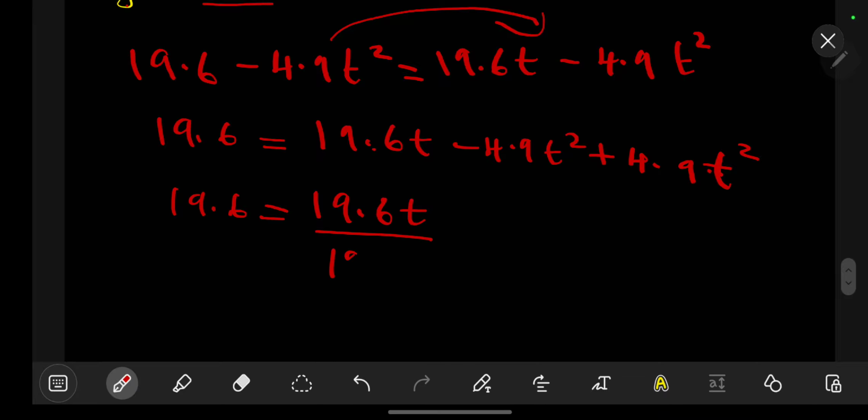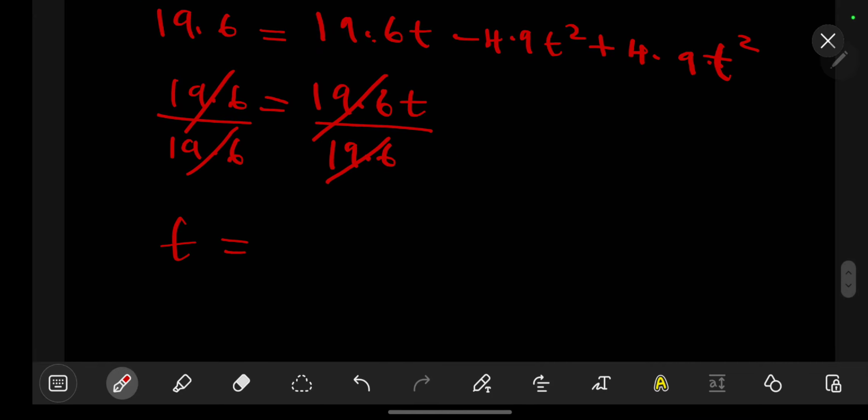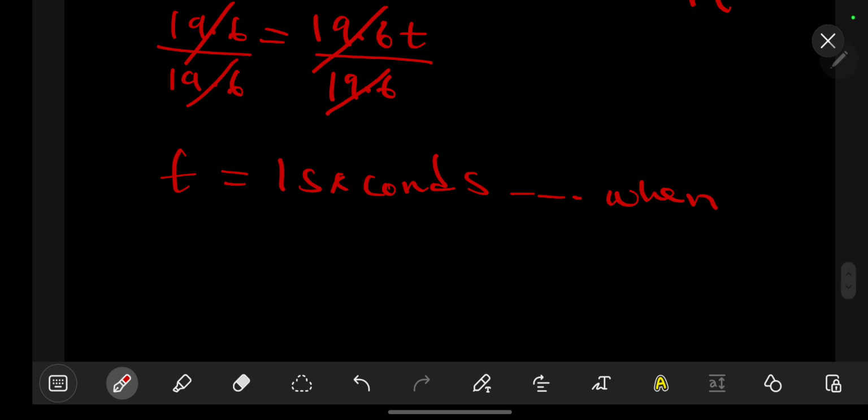We divide 19.6 by 19.6, and that gives us the time to be 1 second. So it will take 1 second for the two to collide. So we have found our when, which is 1 second.